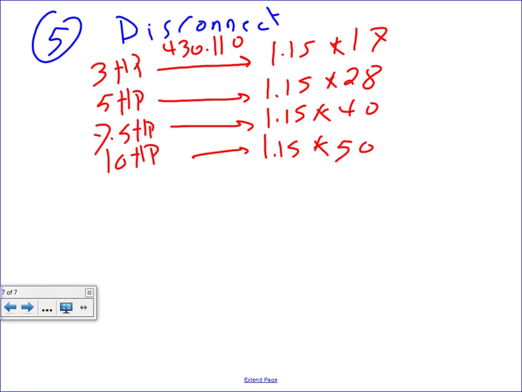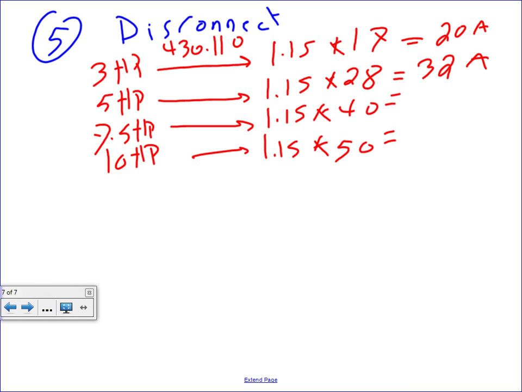And I'm typing it, I'm writing fast, guys, because we're repeating ourselves 4 times, doing the same thing. So I need somebody to give me the answers for these. Anybody? 1.15 times 17 equals 20 amp. 28 times 1.15 equals 32 amps.